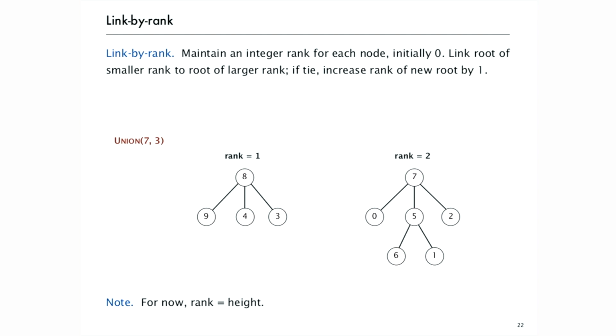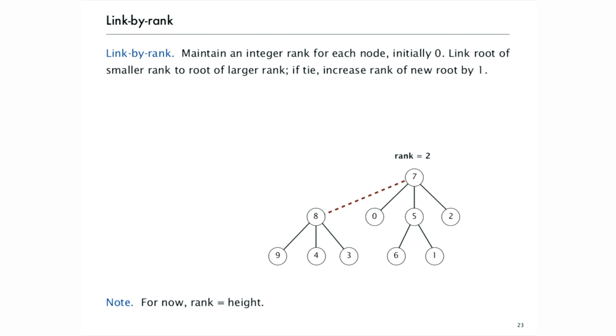So what is union(7, 3)? 7 is here, 3 is here. This one has a smaller rank compared to this one, so I will make him point to him. Now I do not care about the sizes. All I care about is the roots of these two: whichever has the smaller rank, make it point to the one with the larger rank.